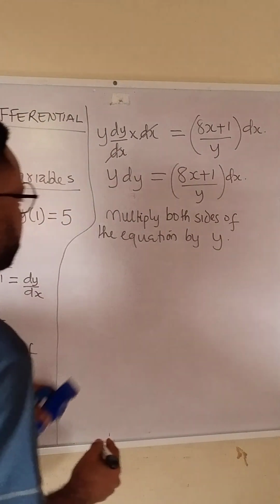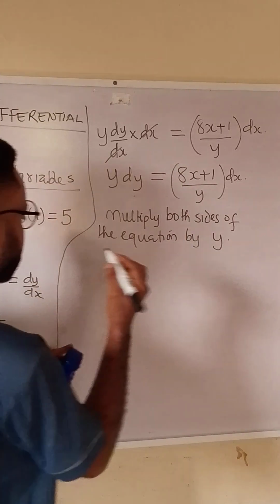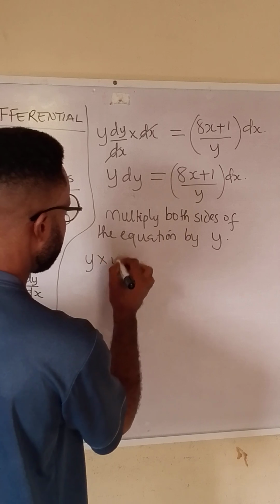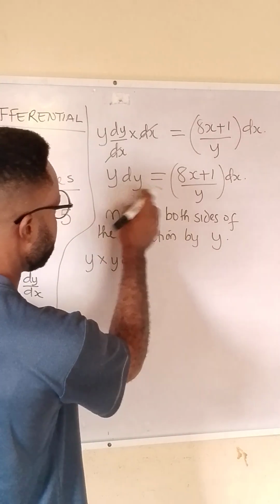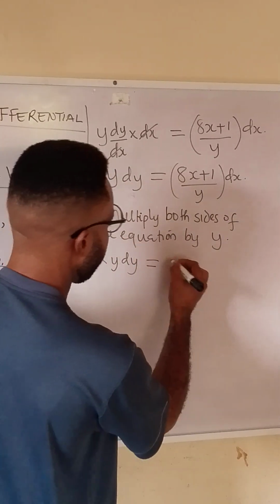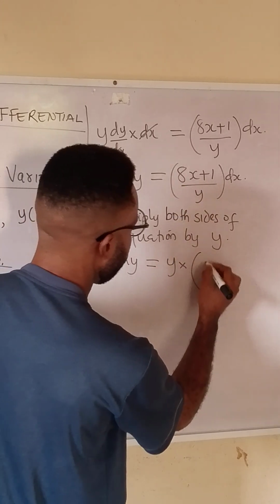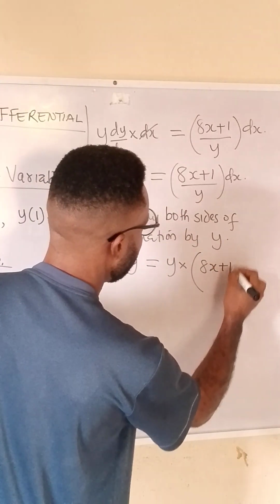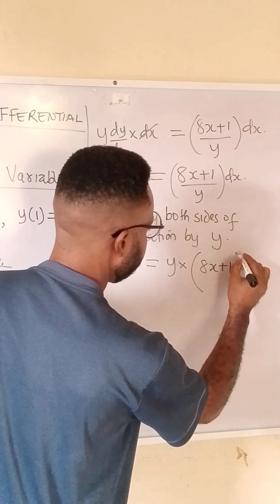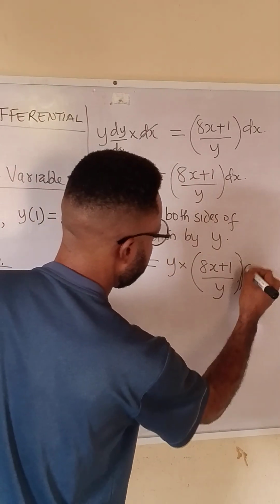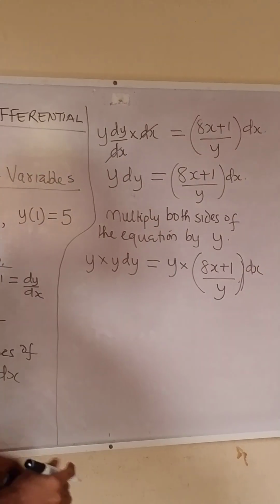So if we implement this mathematical statement, we have y times dy equal to y times (8x + 1) over y multiplied by dx.